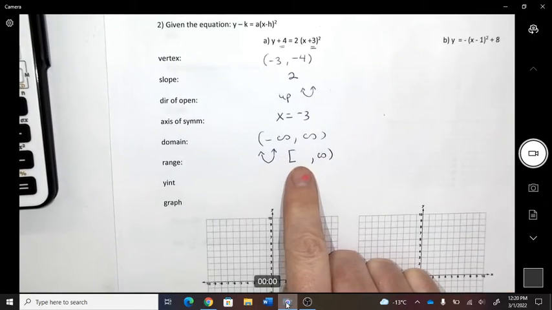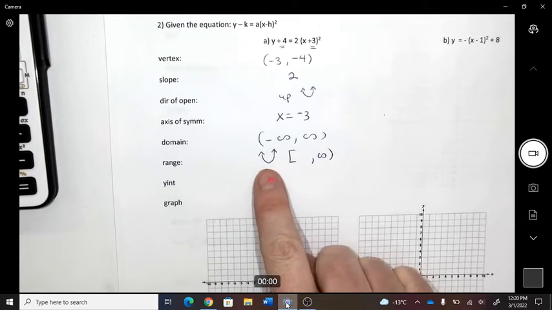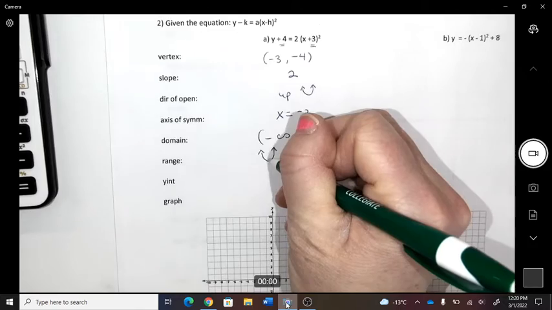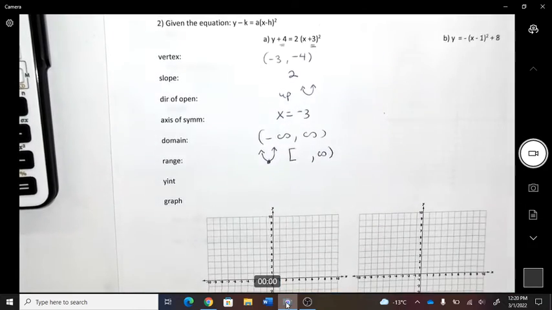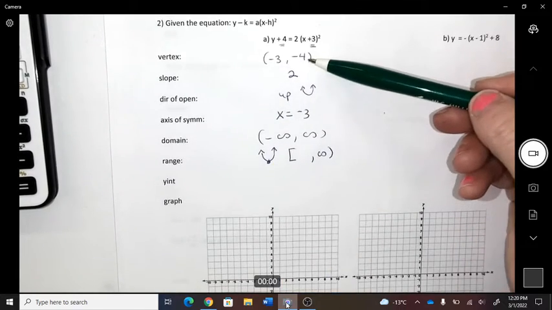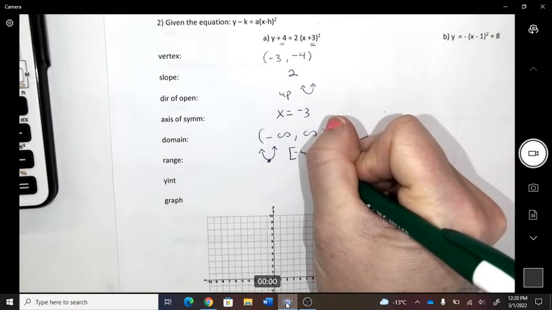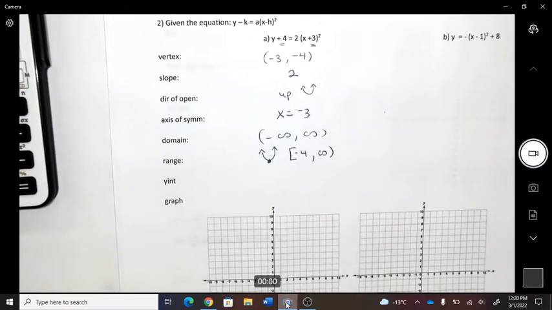So what is that height? Does anybody know where to look for that height? What would be the height on that coordinate? -4, because that's the y, right? Heights are y. Okay, what do I do to get a y-intercept? What does a y-intercept mean?